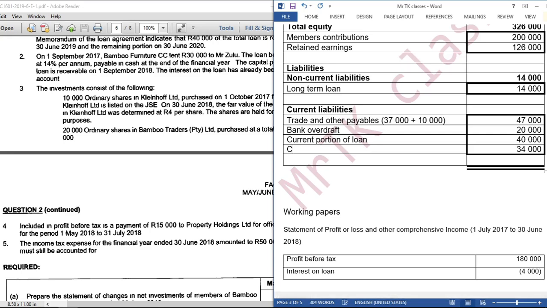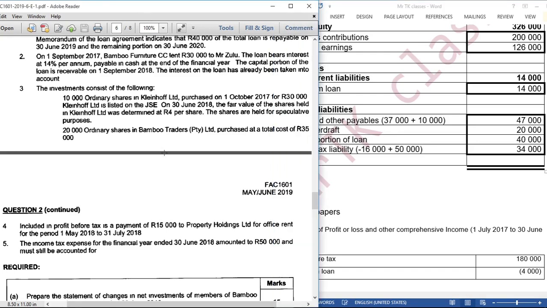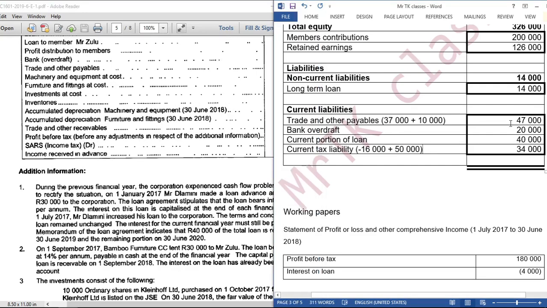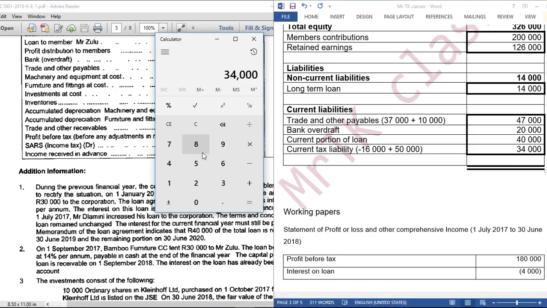We say minus 16,000 plus 50,000, which means that if we had a credit here, we would say plus 16,000 plus 50,000, and it would have been bigger, right? Okay.